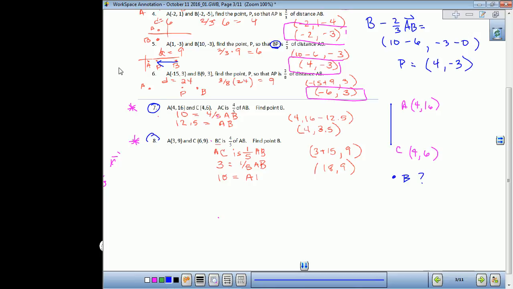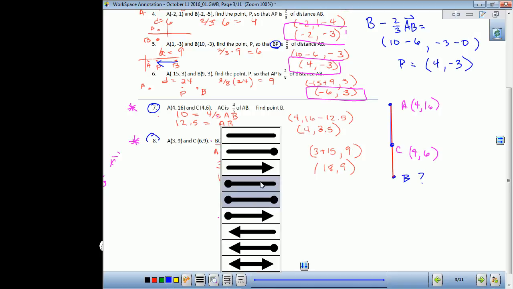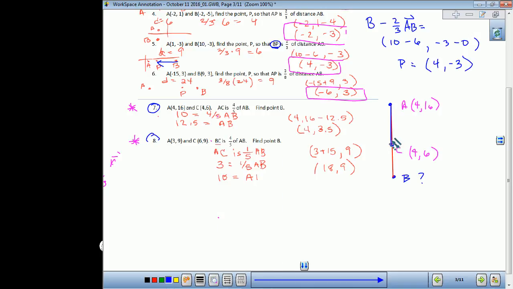So we can't even find vector AB. We can't go all the way from here to there. What we know is AC. We can find the vector that takes us from here to here.